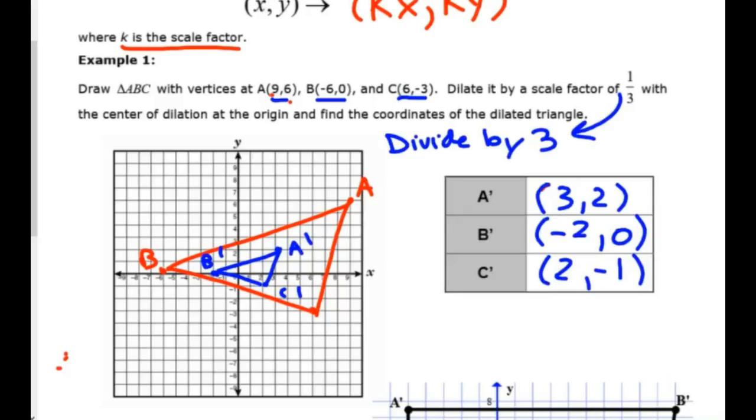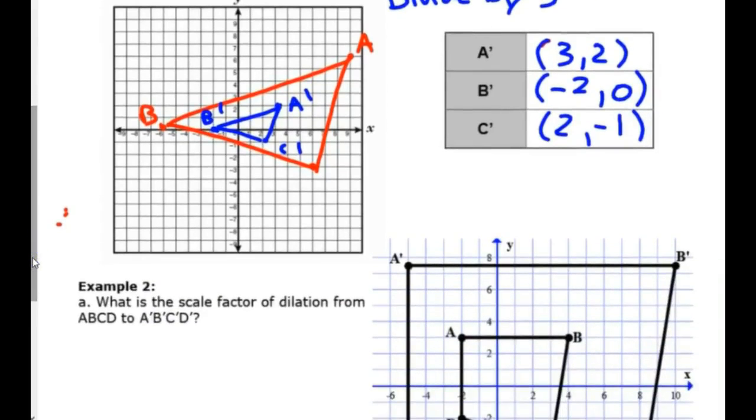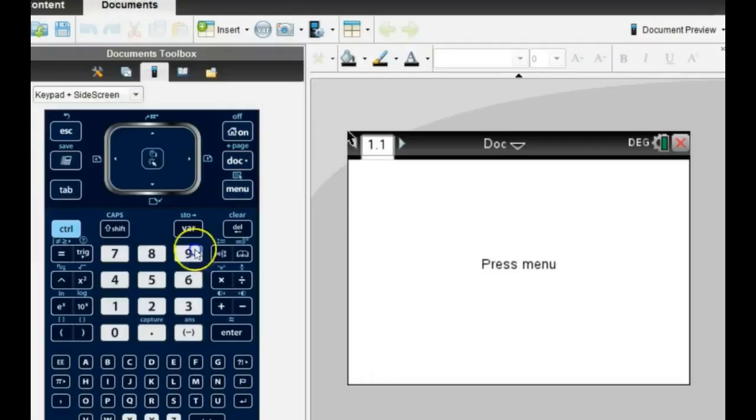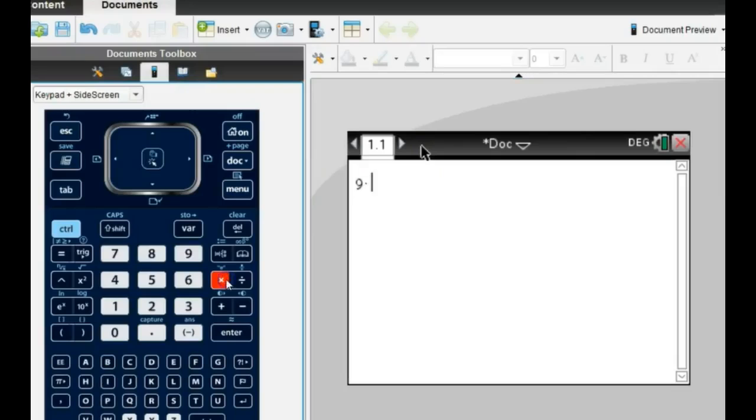Let's do one more, and I'll let y'all work. Example 2. But y'all know 1/3 means dividing by 3. If you don't know that and you don't believe me, then what you're going to have to do is 9 times 1/3.